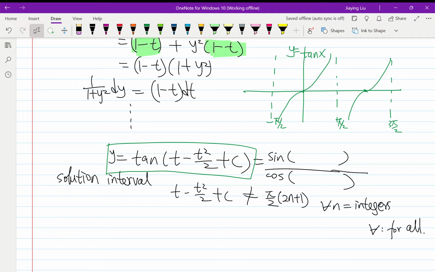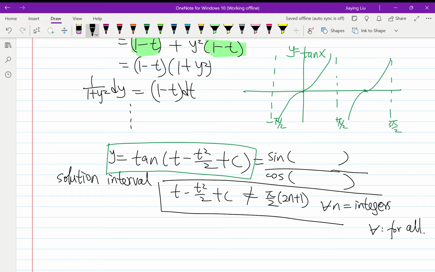So what this says is that the part inside the tangent cannot equal all the odd multiples of pi over 2. It could be positive or negative, but it just cannot equal that number times pi over 2. I would say if you just leave it the way it is, that should be an acceptable answer for the solution interval.